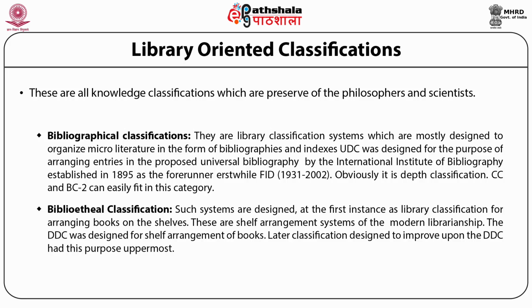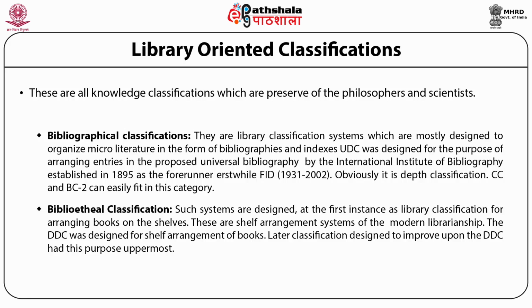It may be noted that these functions, that is the cognitive function, the bibliographical function, and the bibliothecal function, are given in the order of their decreasing power. A classification system which is useful as a cognitive system is also useful for bibliographical and bibliothecal systems.